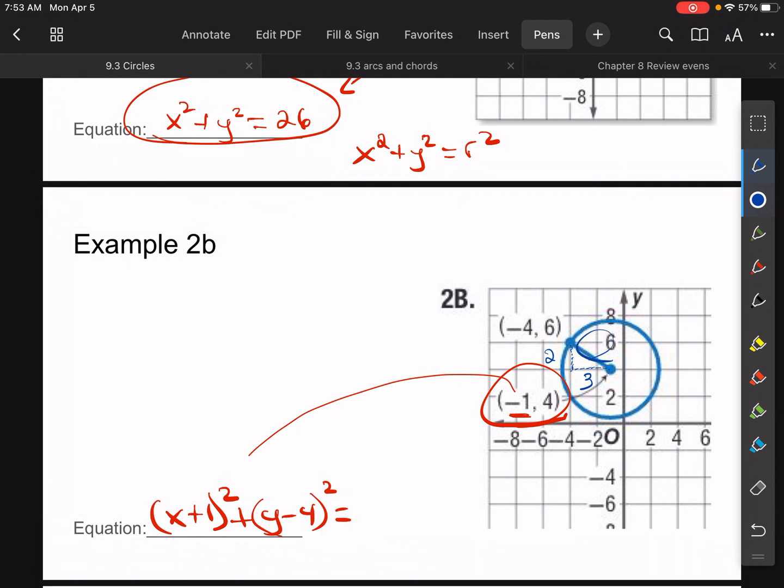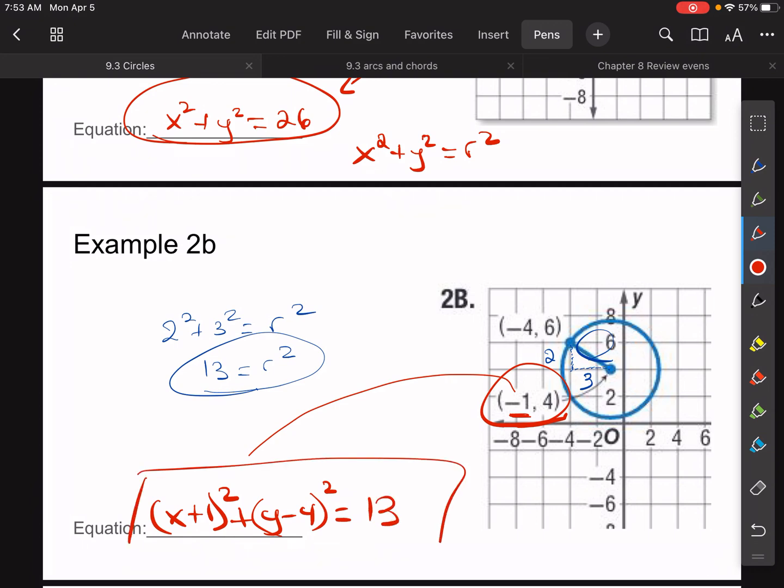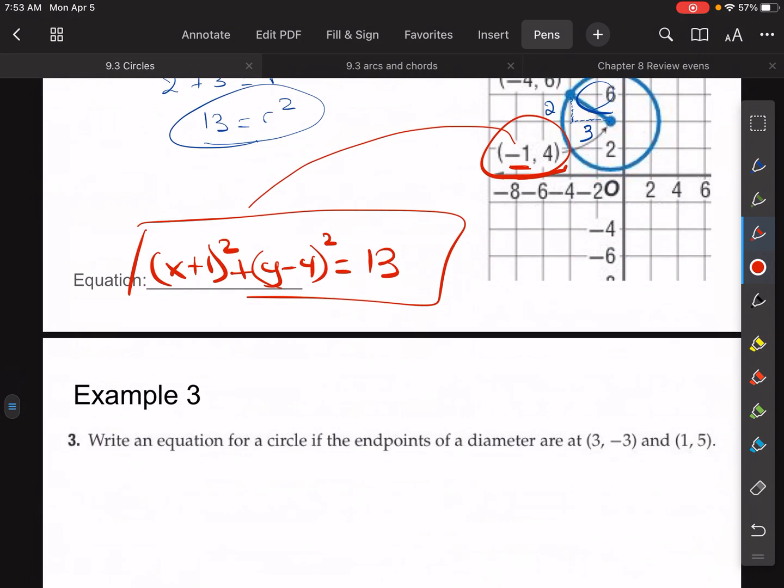We have 2 squared plus 3 squared is equal to the radius squared. So this is 4 plus 9, which is 13, equal to the radius squared. And that's exactly where I need to stop, because I just care about radius squared here. So this will be equal to 13. And we're done. Okay, so that's example 2.